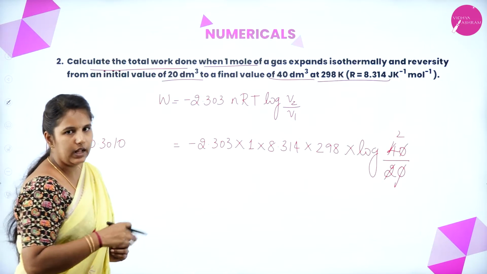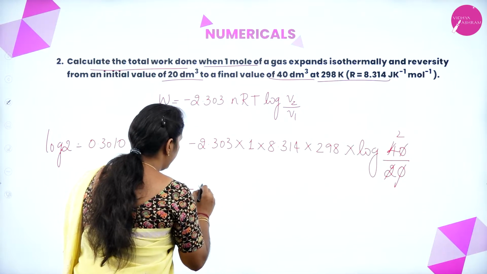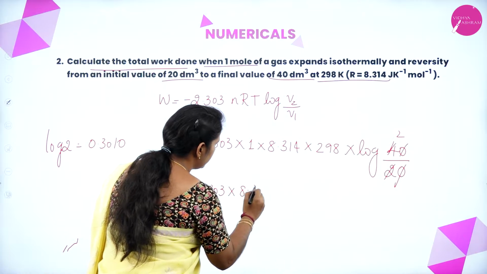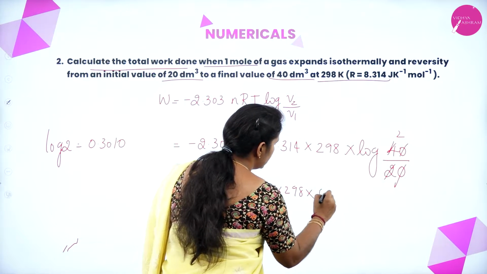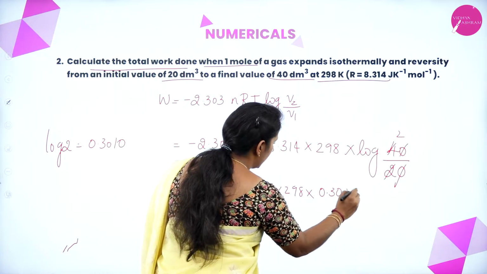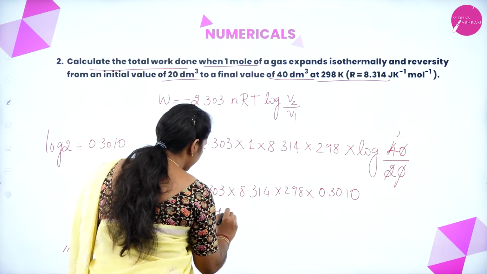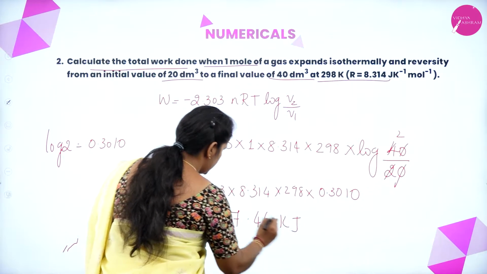Now place the log value: 8.314 into 298 into 0.30. If you multiply this, you will get minus 1717.46 kilojoules.